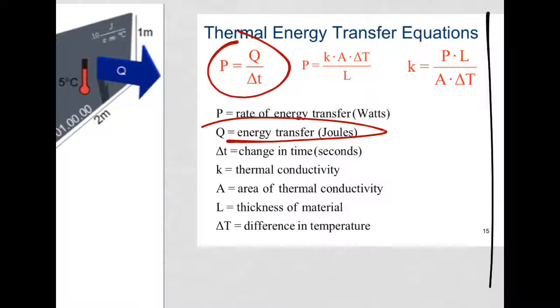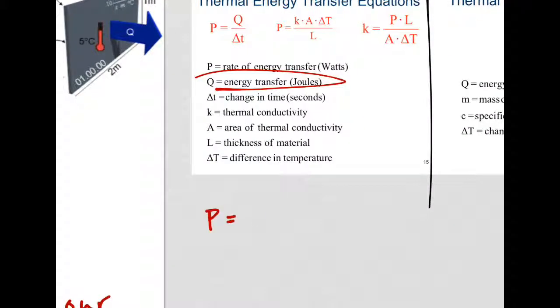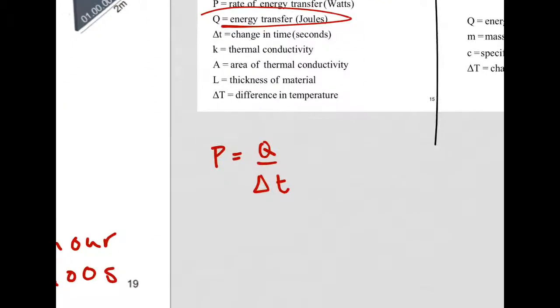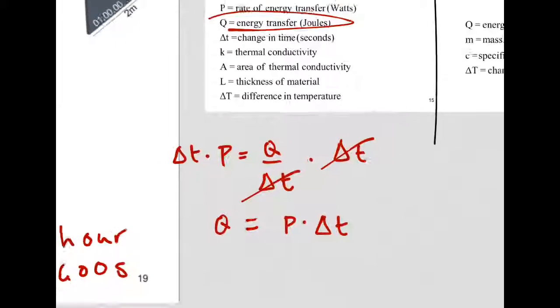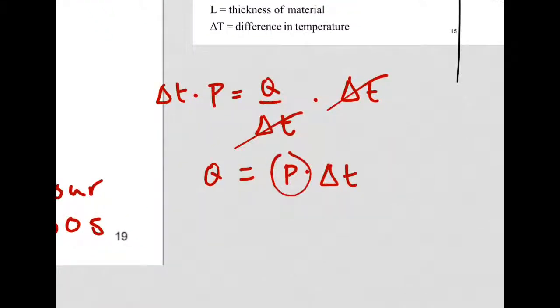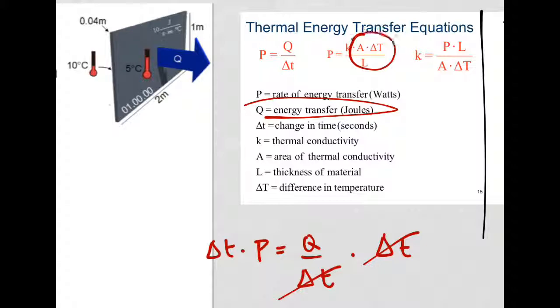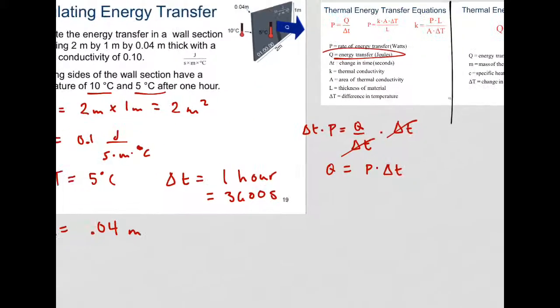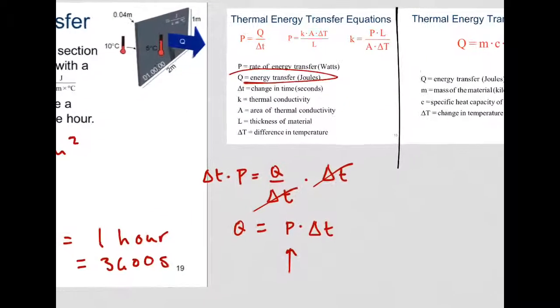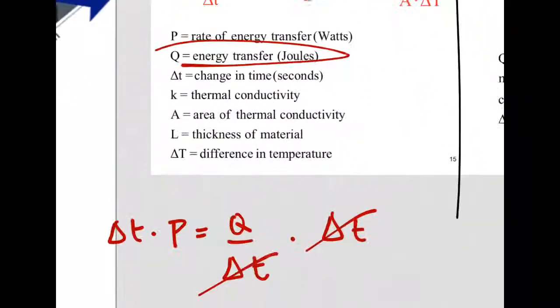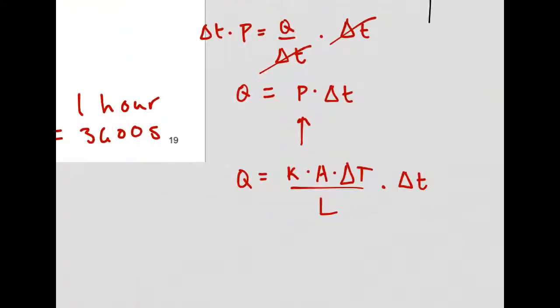Well, that one, but that involves P. If I take P equals Q divided by delta T and solve for Q by multiplying both sides by delta T, then I get Q equals P times delta T. However, P is the same thing as K times A times delta T divided by L. So then we have this formula.